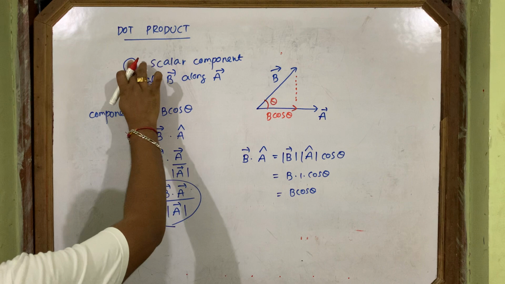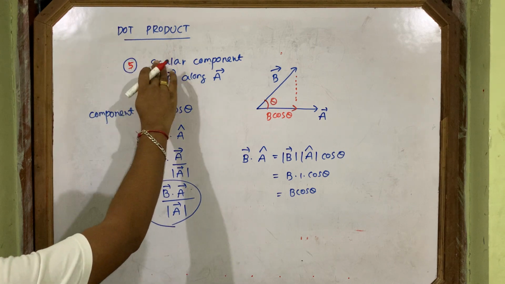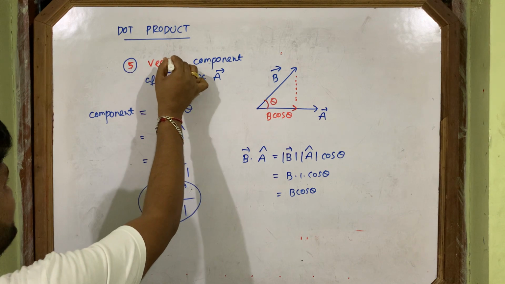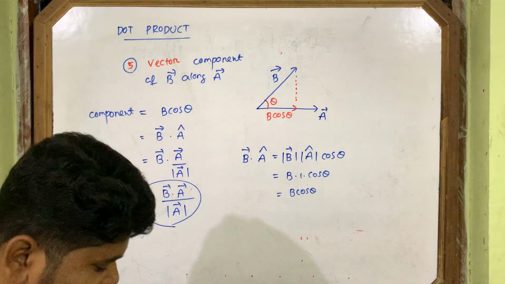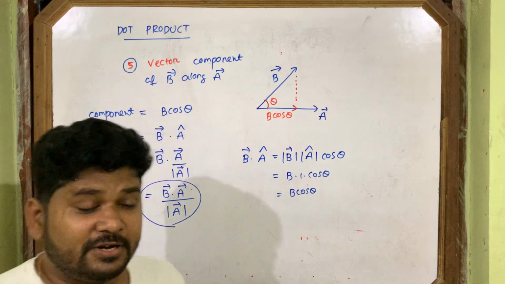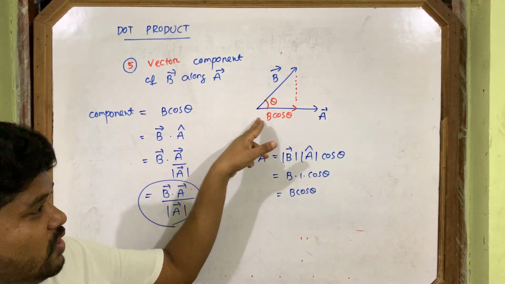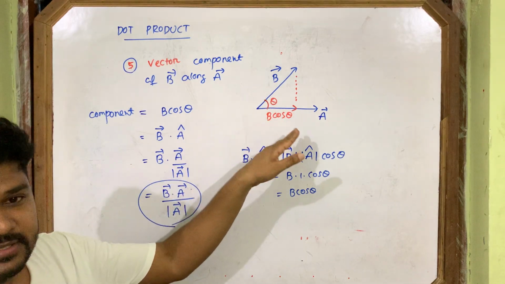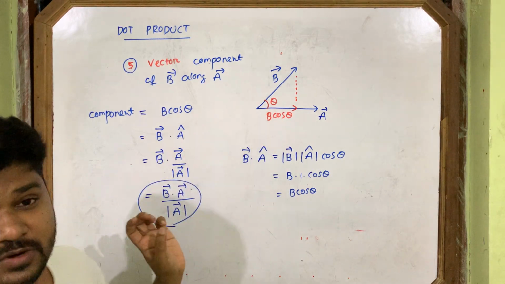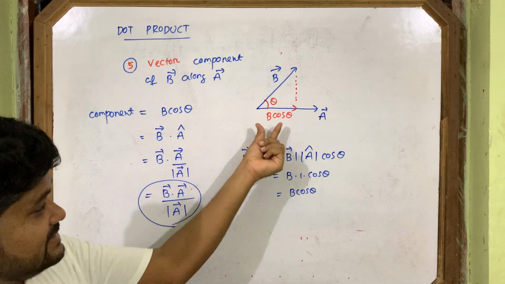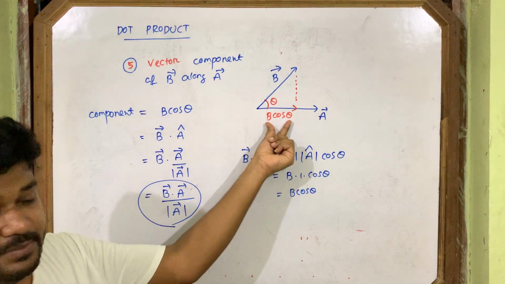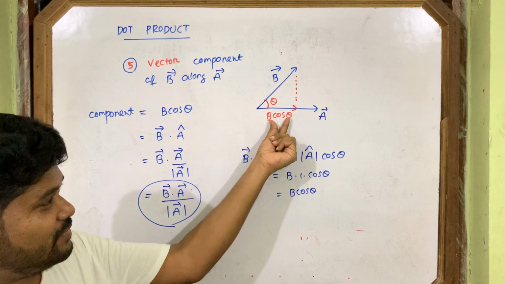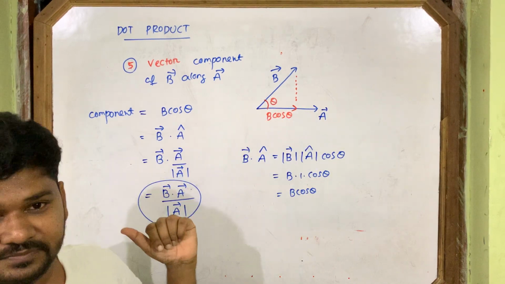Application number 5, which is related to that. I want to find the vector component of B vector along A vector. Scalar component is B cos theta. Vector component means with this scalar component only the direction is required.